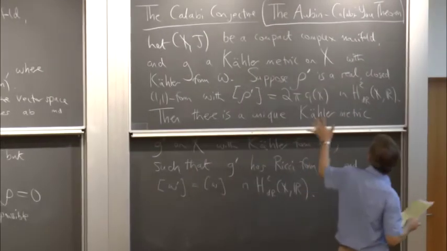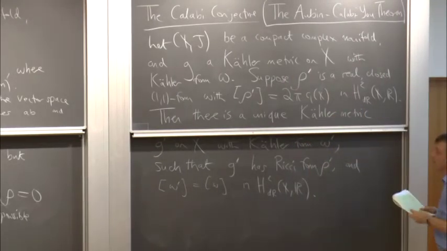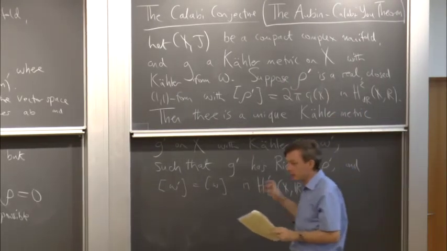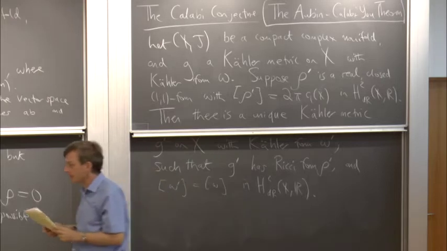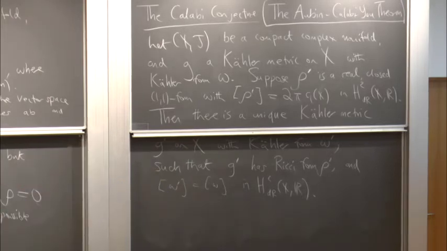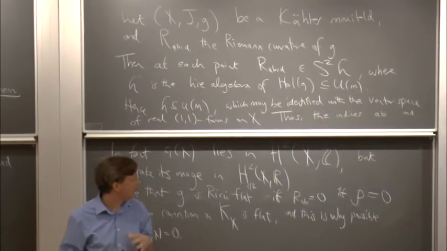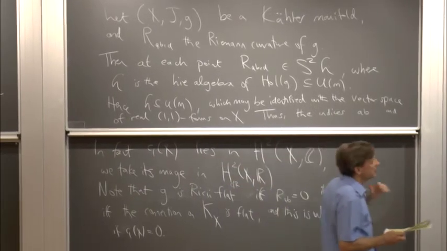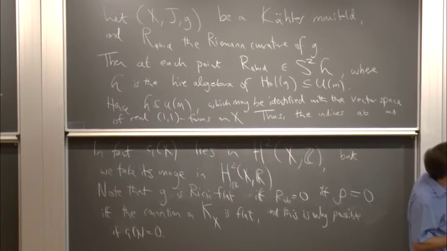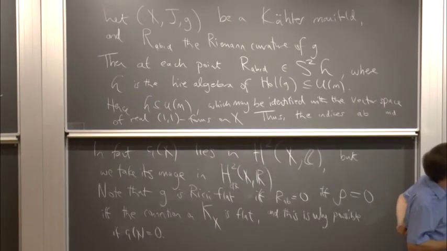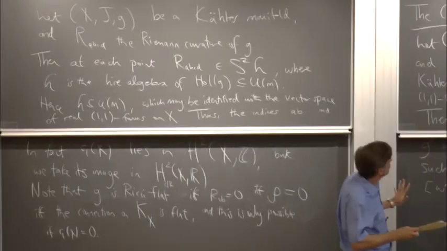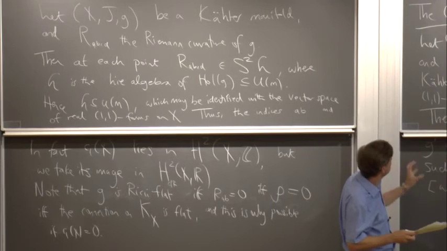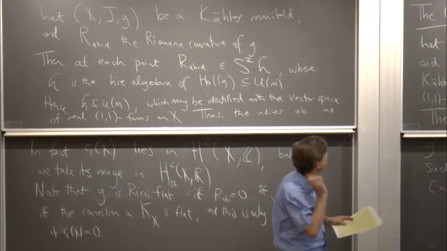So I think Aubin and Calabi and Yau all deserve credit for the proof, but Yau's basically managed to get his name on it. People will say Yau's proof of the Calabi conjecture, because Yau's good at that kind of thing. But Yau basically did the last little bit of the proof, as it were. The overall structure of the proof is due to Calabi, and Aubin did some important stuff in the middle.